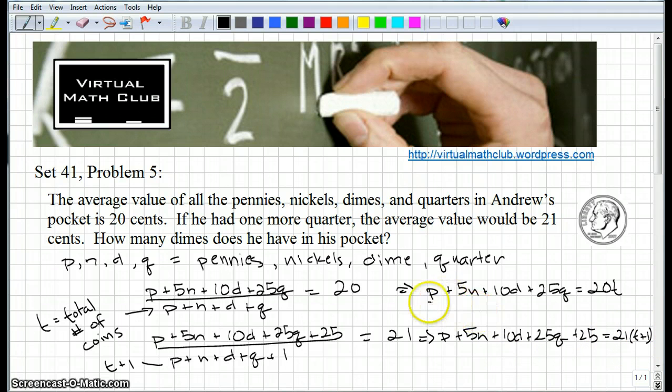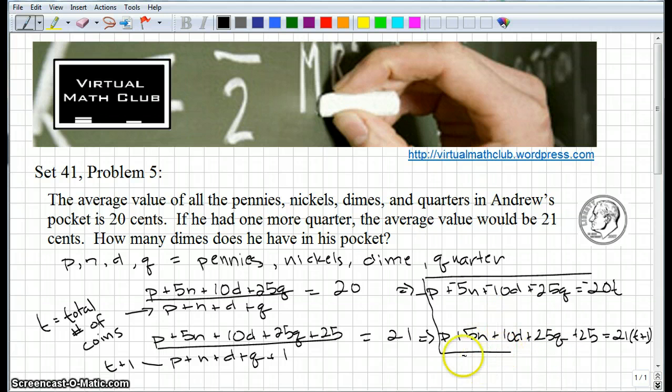Now if I look at these 2 equations here, I'm seeing a lot of duplicates here. P, 5n, 10d, 25q. If I basically just take the negative of this top thing, so essentially subtract the top equation from the bottom equation, I'll get rid of a lot of variables. In fact, I'll get rid of all the p's, n's, d's, and q's.